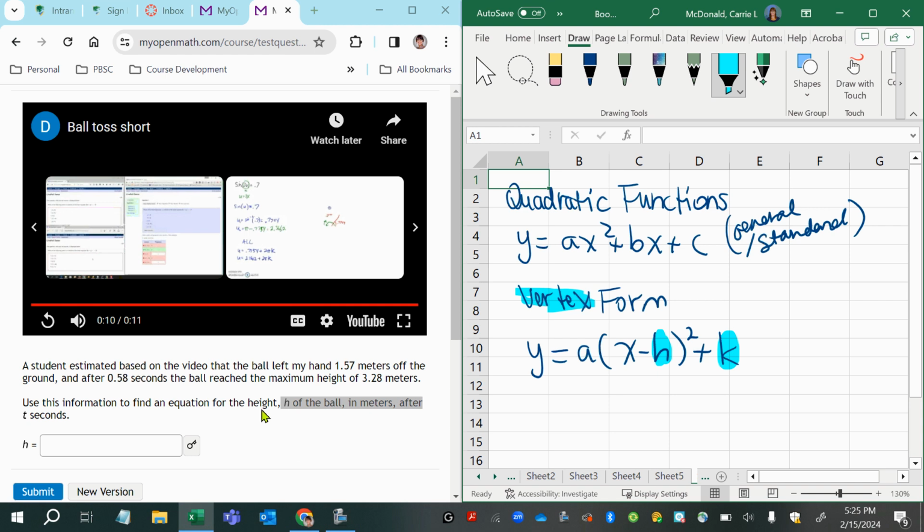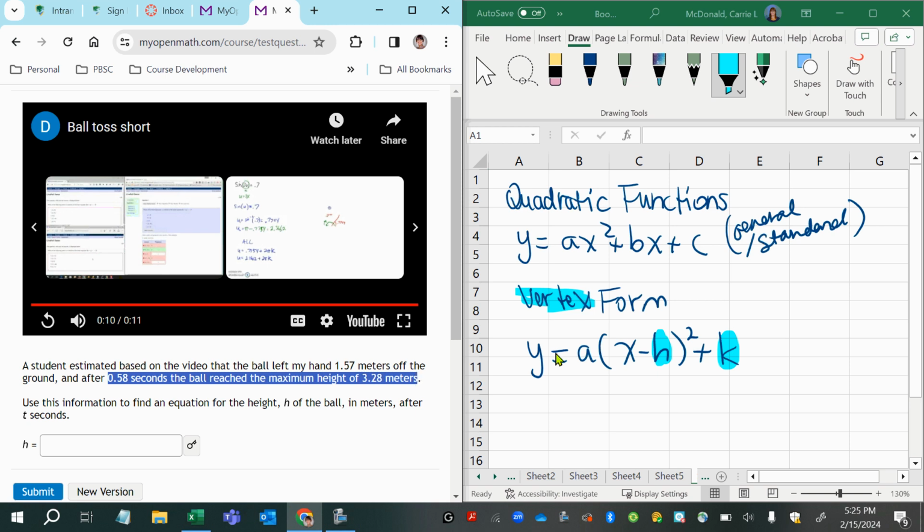Well, again, because we've been given a maximum height, it would make sense to use the vertex form, since those would be the coordinates of the vertex, the maximum, right? So we can start by taking that ordered pair and plugging it in for the h and k.